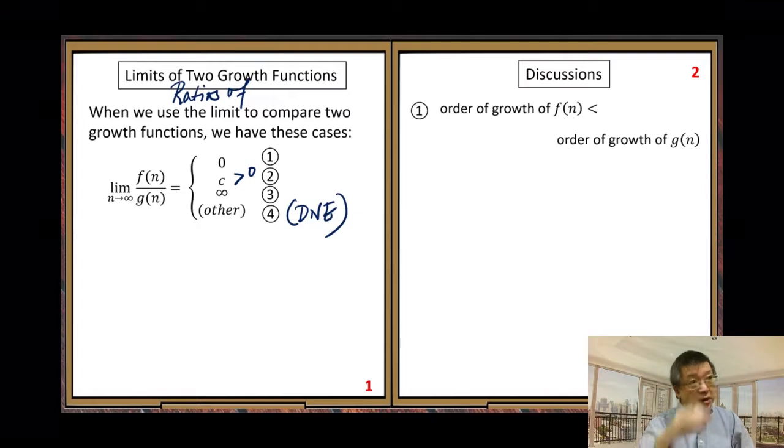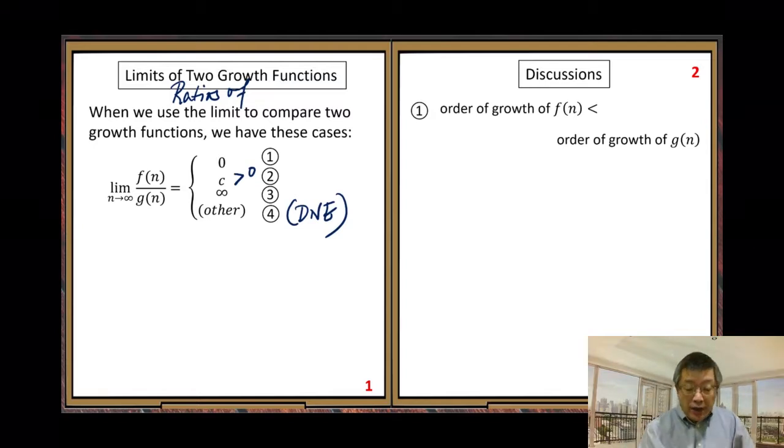In other words, the g function grows faster than f function. So think about that. The ratio equals 0. The denominator dominates the numerator. So you can use your intuition to understand.